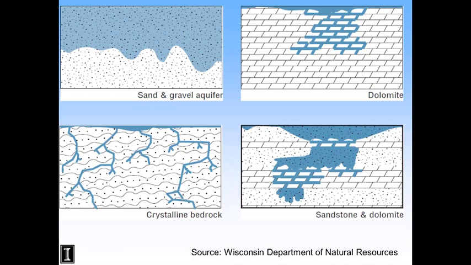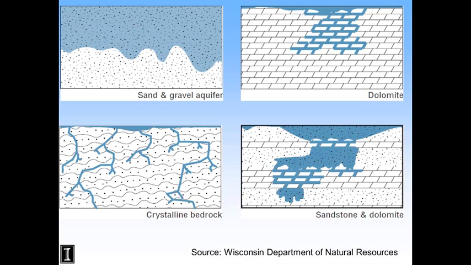In a sand and gravel aquifer, water can just flow through all the sand and gravel grains. In a dolomite aquifer, you have water flowing through these preferential flow paths, which are the fissures and fractures in the dolomite. As water moves through these, it dissolves some of the rock and creates caverns and that sort of thing.